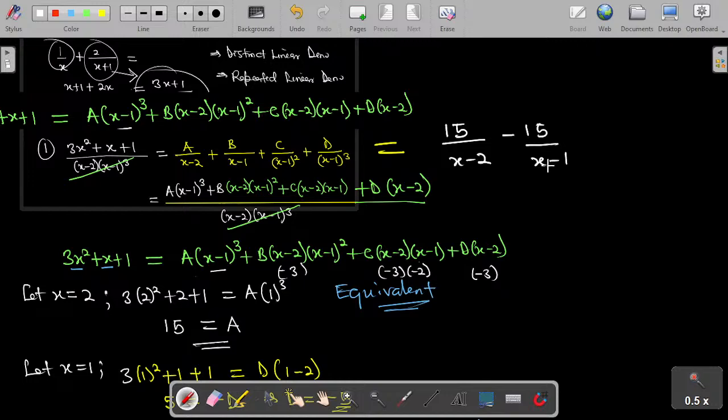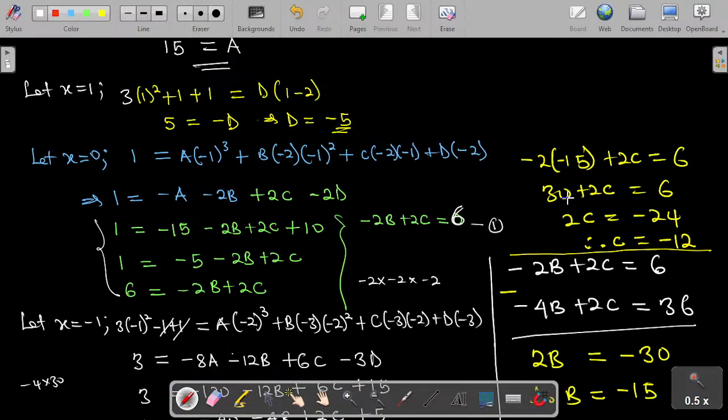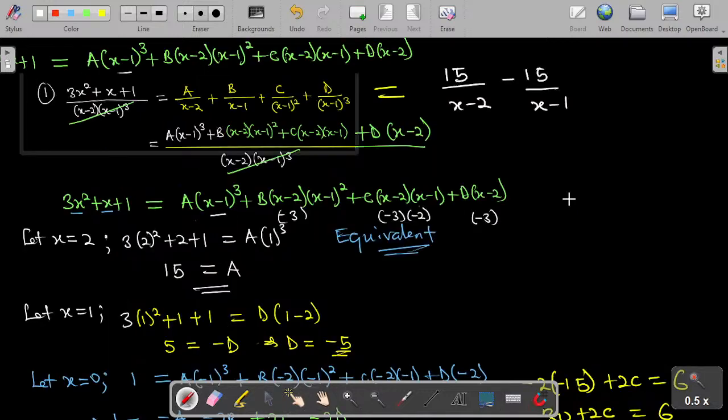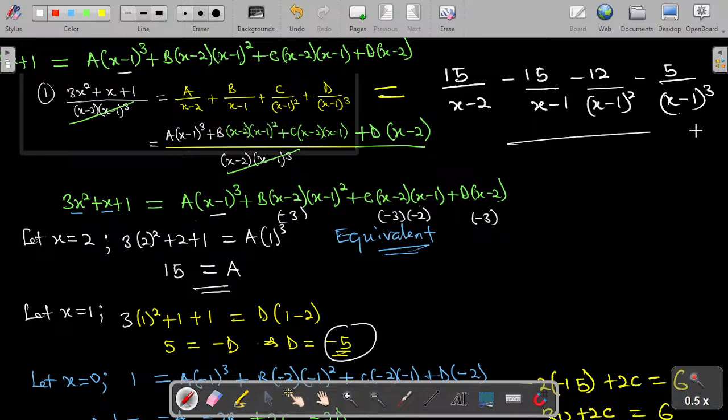And then our c we got minus 12, and that is going to be minus 12 all over x minus 1 squared. And finally, our d is minus 5, and that is going to be minus 5 all over x minus 1 all raised to power 3. Okay, and that is the solution.